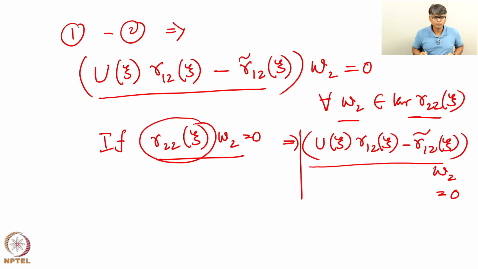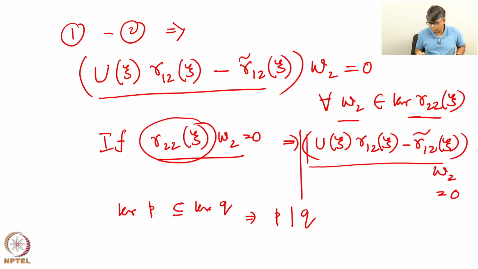Now, what does that mean? For a scalar system, all of them are scalar, right? These G minus 1 individually are scalar systems. W2 is a scalar trajectory. So, for that W2 scalar trajectory, if it is in the kernel of R22, it is also in the kernel of each of these, right. Remember, we have seen that the kernel of P contained in the kernel of Q implies P must divide Q, which means each of these vector entries must be divisible by our R22.